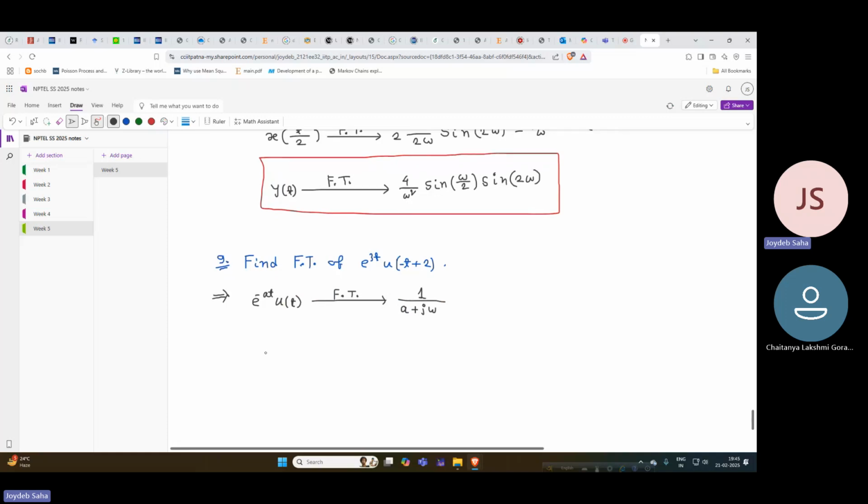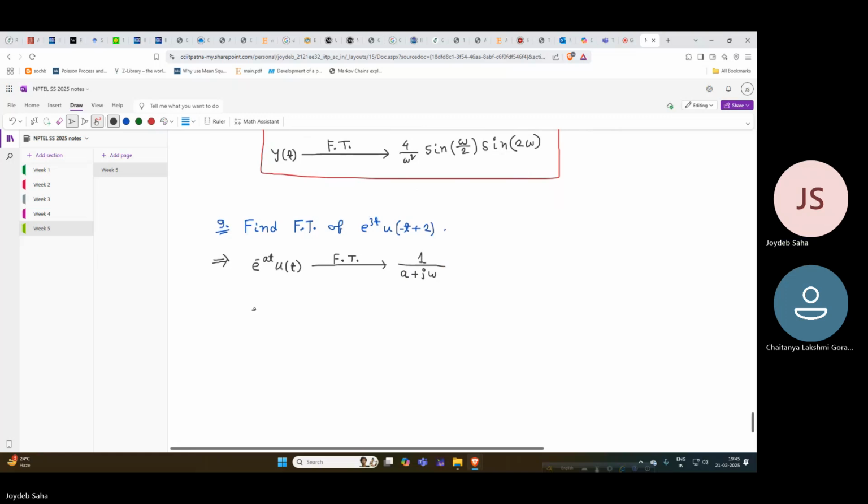So e to the power minus 3t u(t), its Fourier transform will be 1 upon 3 plus j omega. Okay, fine.